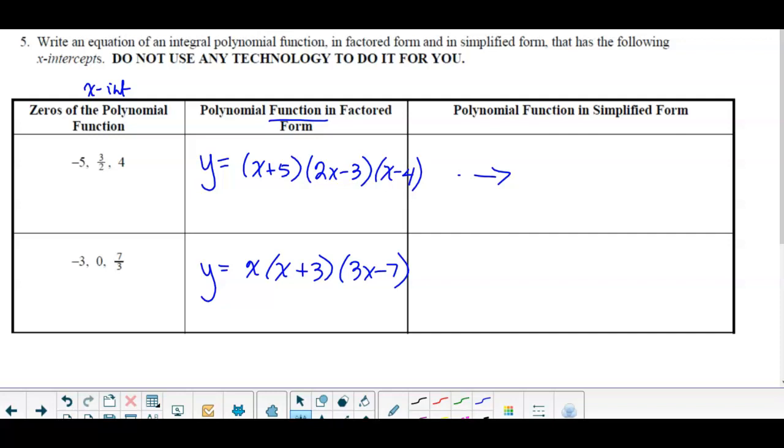All right, so we kind of got into this a little bit about the shape of a graph, the degree of the polynomial function. And so now when it's in factored form, all of these so far, the exponent on the factors has been 1. We haven't even had an exponent because it's understood to be 1. So all of those zeros, or x-intercepts, have had a multiplicity of 1.